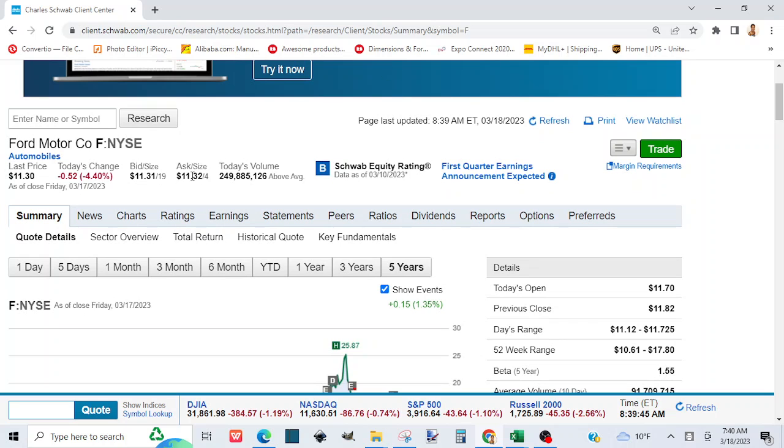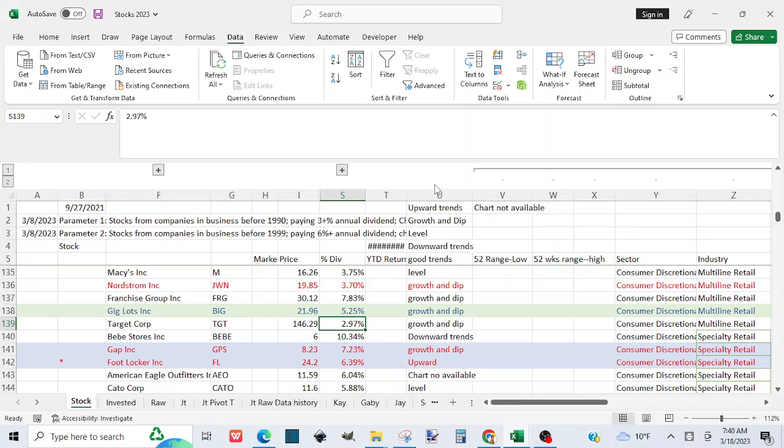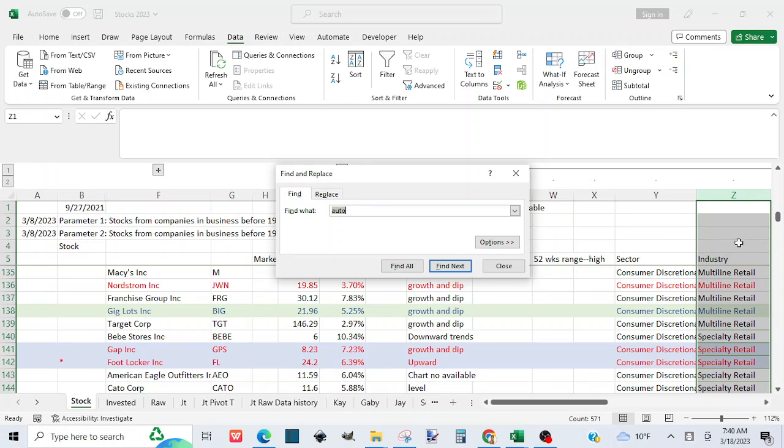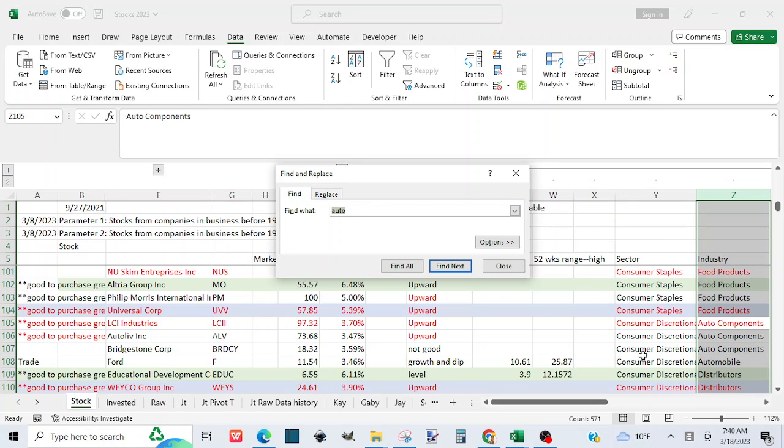So Ford is on the New York Exchange market. What are we even doing? Automobile, right? So let's search auto again. Okay, let me close it.